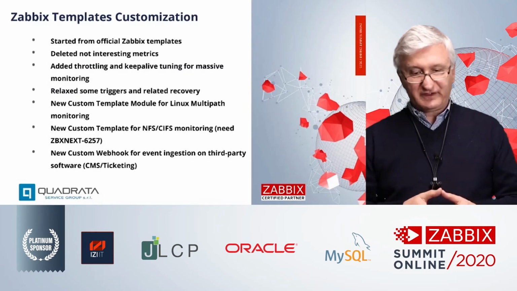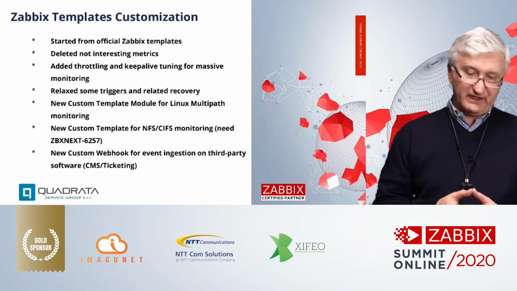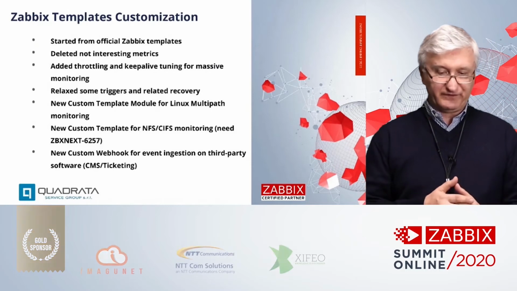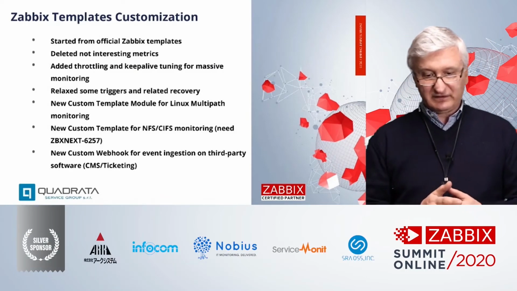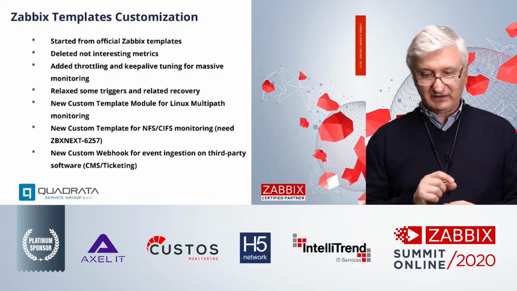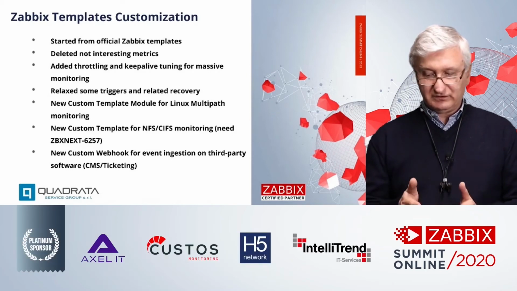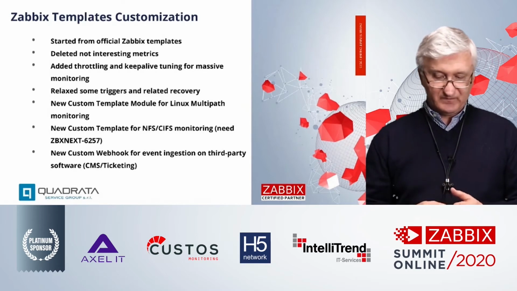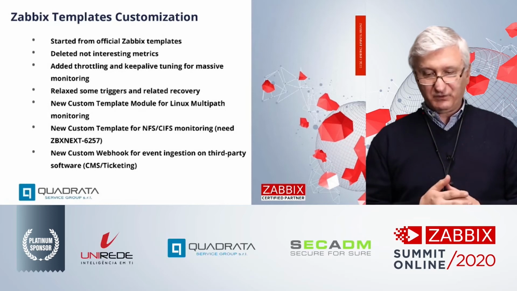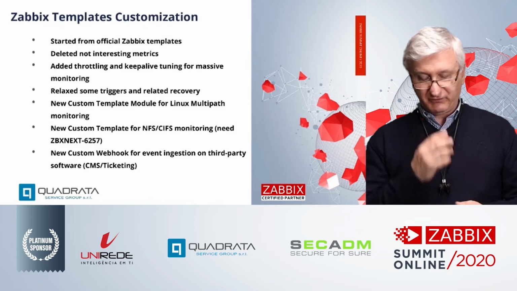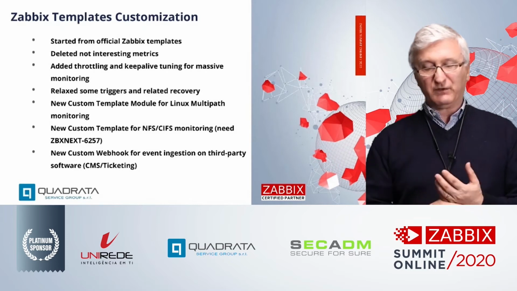As for the templates, we started, of course, from the basic templates that are distributed with Zabbix 5, but we deleted a lot of metrics, because we have in mind that every time we need to lower the number of new values per second, we have to lower the periodicity in such a way that we can handle such a big amount of devices with our servers.